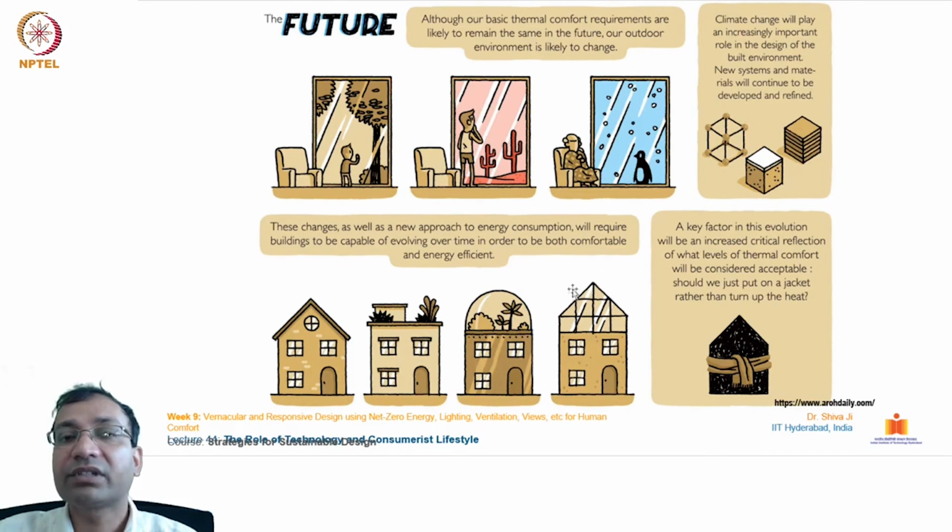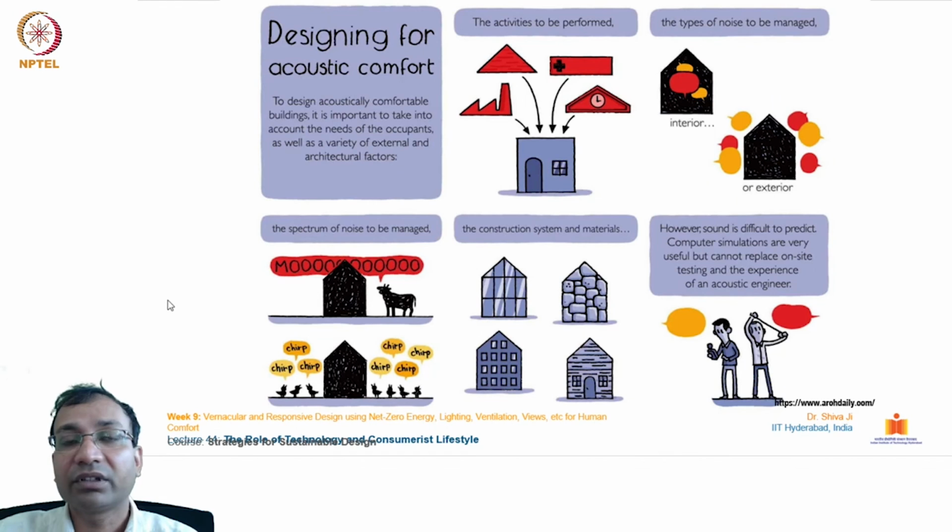So how the future is going to be for the human comfort conditions, that also we can understand from here. So this is designing for acoustic comfort. What are the sources of noise, and how those noises sometimes become music, such as the chirping of birds. We feel good when we hear these.